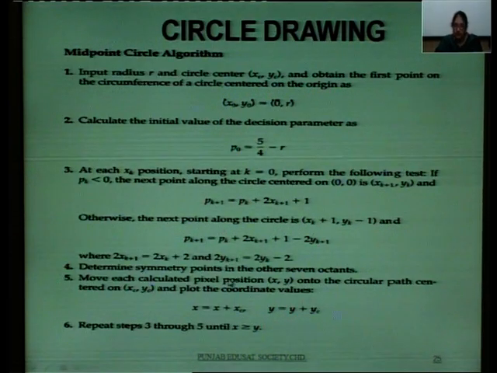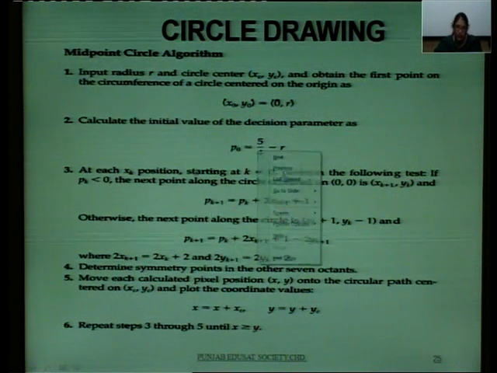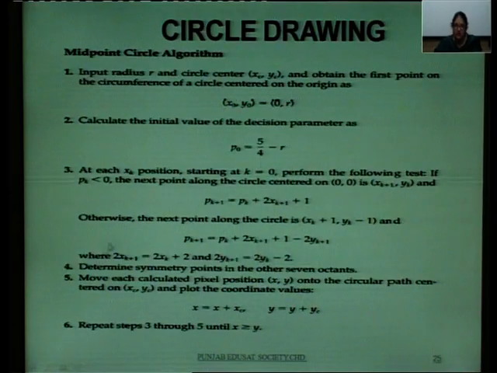Determine the symmetry points in the other 7 octants. This is the location of symmetry points on the first octant. Similarly, you can repeat the same procedure to find the points on the other 7 octants. Move each calculated pixel position x and y onto the circular path having center xc, yc, and then plot the coordinate values, that is x is equal to x plus xc and y is equal to y plus yc.